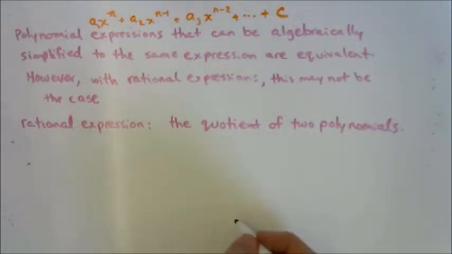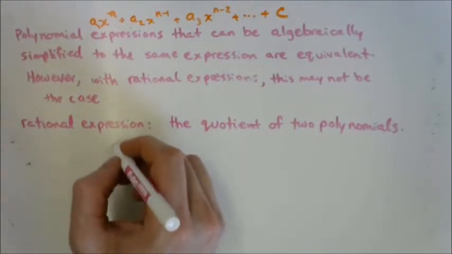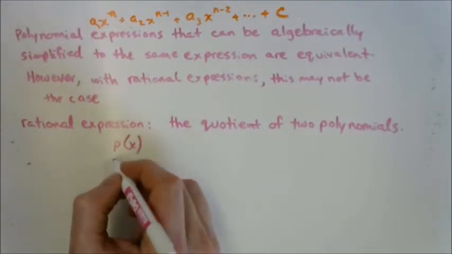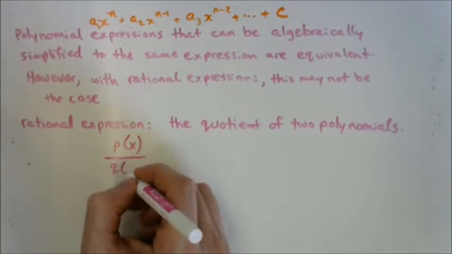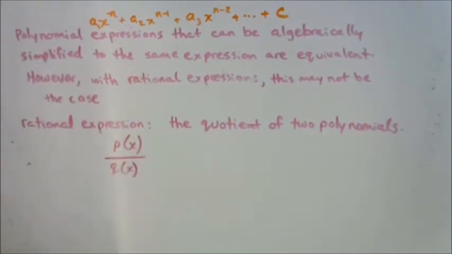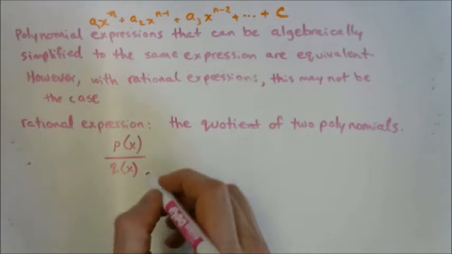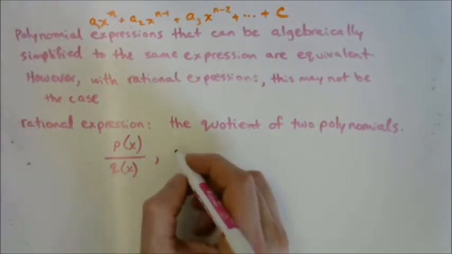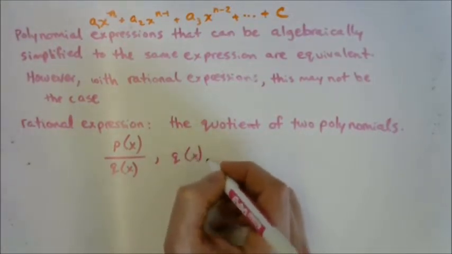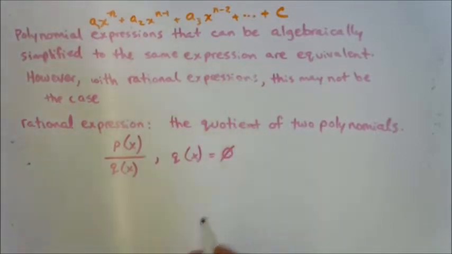So p of x is one polynomial and q of x is another, and it would be p of x over q of x. And the rule for this is that the function q of x can never equal 0. Wherever it equals 0, the graph will be undefined. And that's what we ran into in example 1 with our restriction.